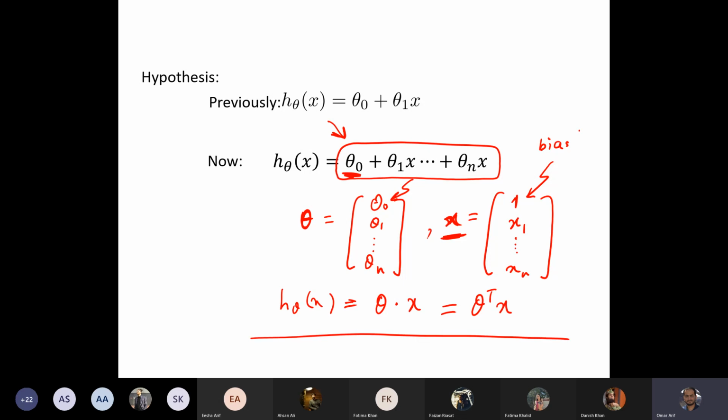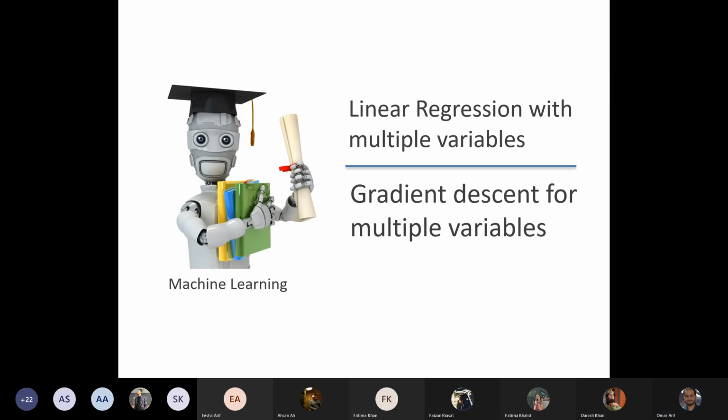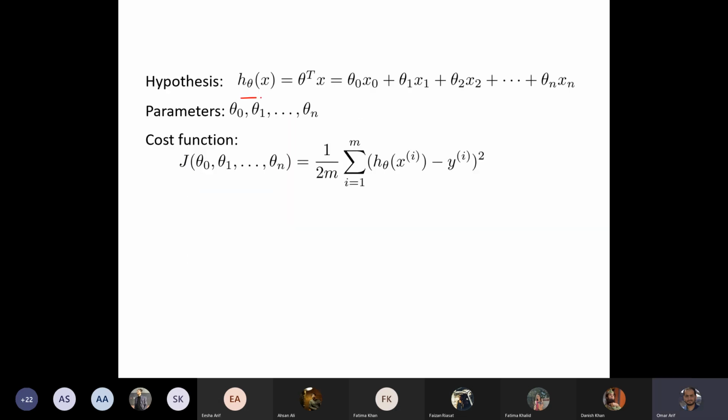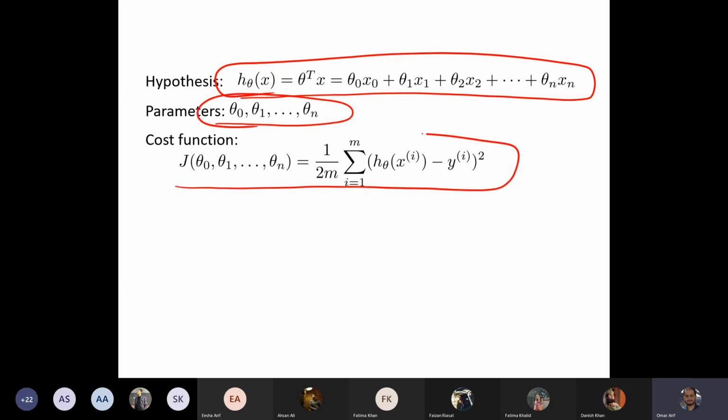So this is my hypothesis, and this is the hypothesis, these are the parameters, and this is my cost function, and the cost function is the squared cost function or squared error loss. The objective is to minimize the cost function J with respect to these parameters.